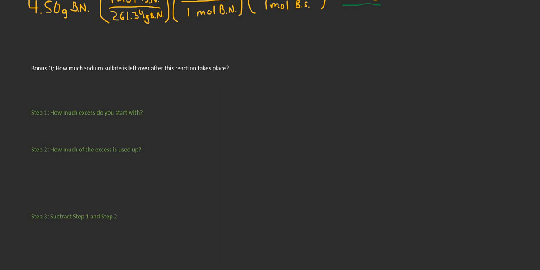So it involves a three-step process, and I'll walk you through each step of how to do this. Step one is how much excess did you start with. And just to clarify, we're looking for the grams of sodium sulfate that are left over. So how many grams do we start with?